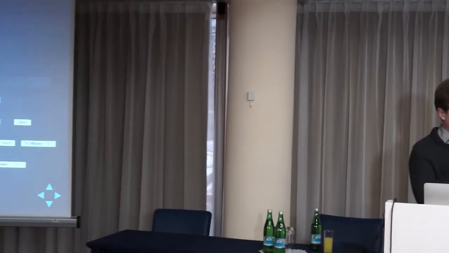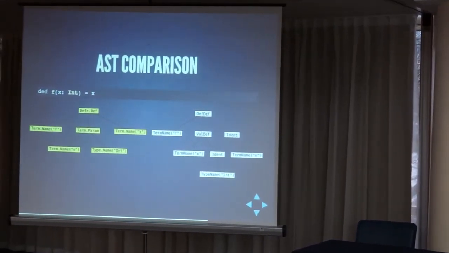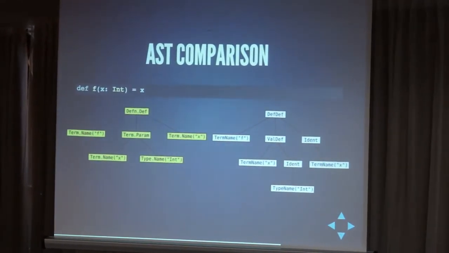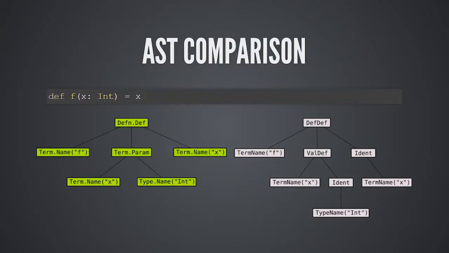So let's do a quick abstract syntax tree comparison. Here we have again our identity function f on the integers that we already used to illustrate the abstract syntax trees from the Scala presentation compiler. And this time we have on the left side the abstract syntax tree as it is generated by ScalaMeta, and on the right side the abstract syntax tree that we already saw from the Scala presentation compiler.